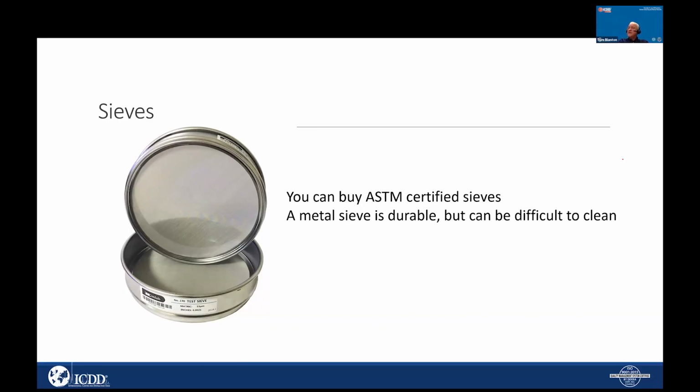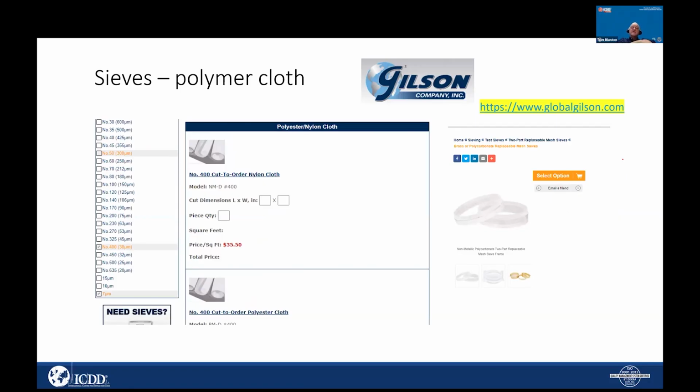There's a problem, though, with any of these metal sieves. Particles can and do get trapped in the mesh, and they can be difficult to clean. So if this is a concern for you, there are sieve polymer cloths. Typically, they're made of nylon or polyester. You can buy a large roll, or you can buy pre-cut pieces.